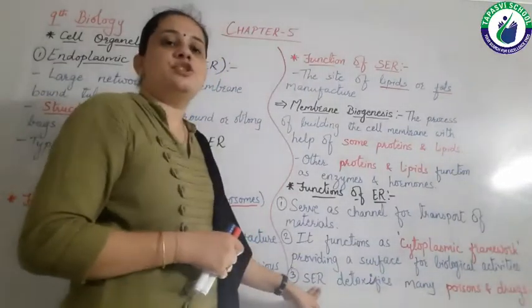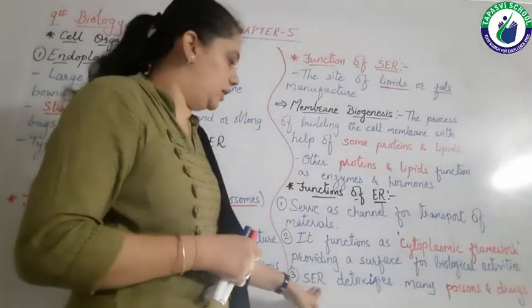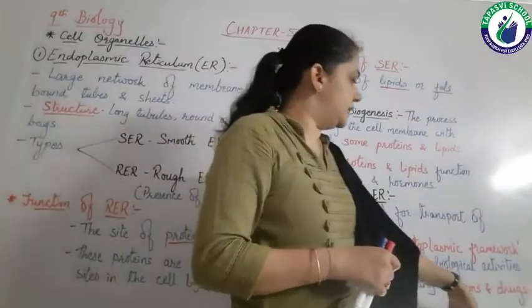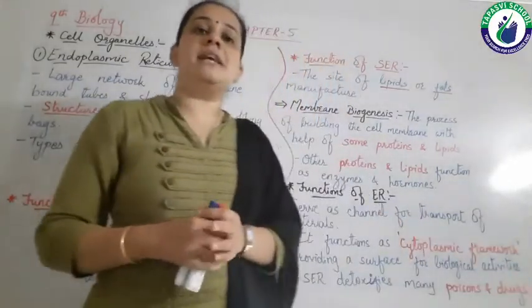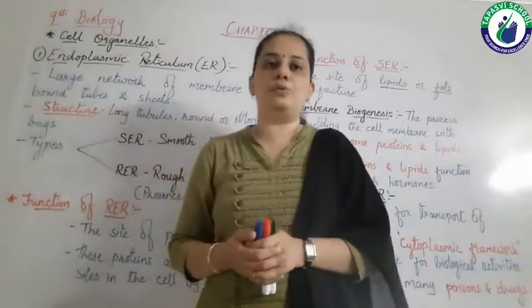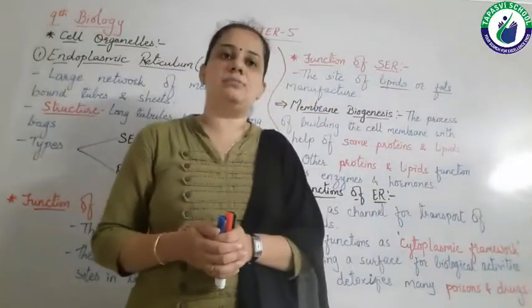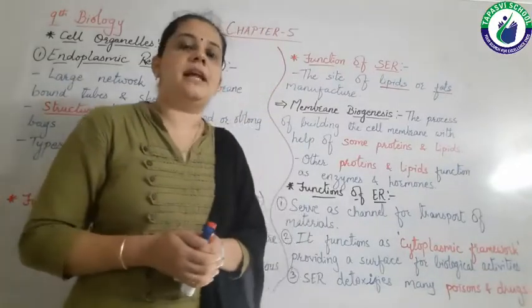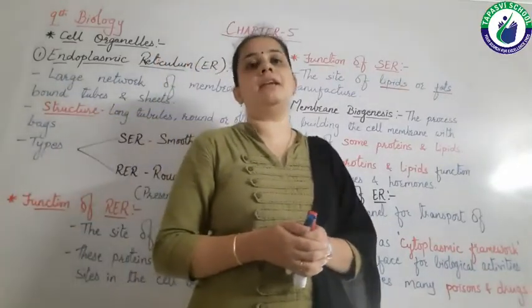SER, that is smooth endoplasmic reticulum, detoxifies poisons and drugs. We all know about vertebrates. Vertebrates are the animals which have a vertebral column, like human beings and many animals.